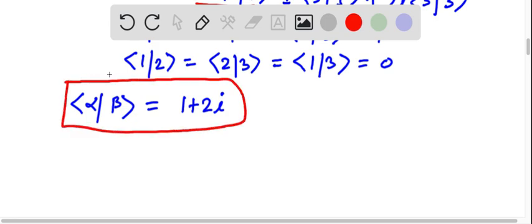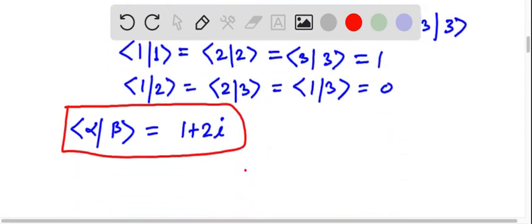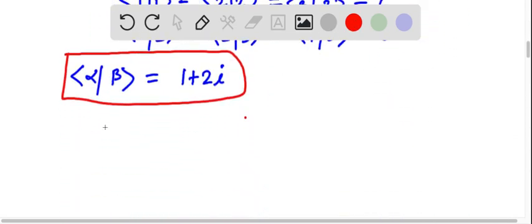Now next we have to find <β|α>. We follow the same procedure.